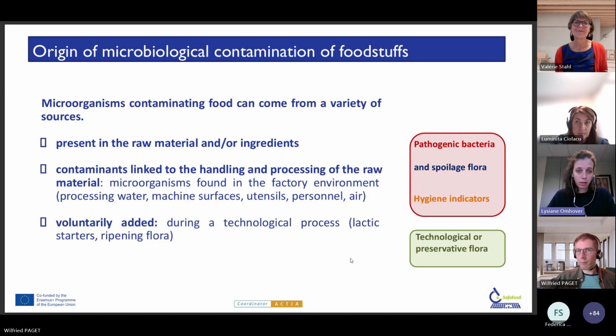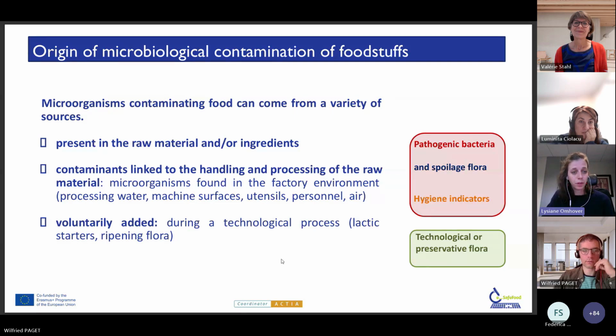The microorganisms that are found in food can come from a variety of sources. They can be present in the raw materials and ingredients. Contamination can be linked to the handling or processing of the raw materials. Microorganisms can be found in the factory environment, such as in processing water, on machine surfaces, on utensils, personnel, or air.